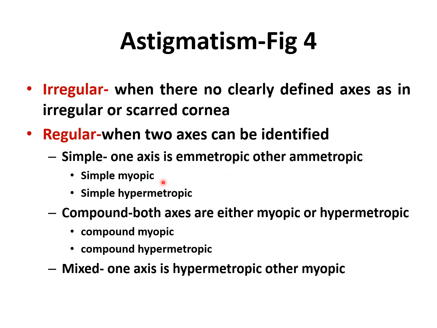It may be simple myopic or simple hypermetropic. Or compound, where both axes are either myopic or hypermetropic, and mixed, where one axis is hypermetropic and other is myopic. These are illustrated in figure 4.